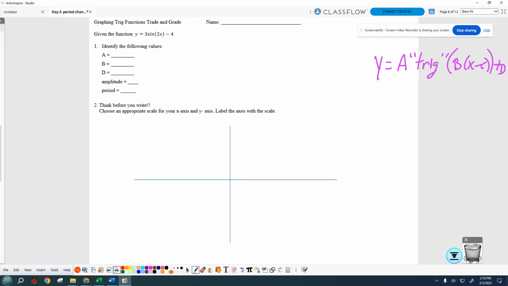The thing that's being added or subtracted outside of the whole function is D. And visually, which one of those is the vertical shift, which one is the amplitude, mapping it all together. I just wrote it on the board.